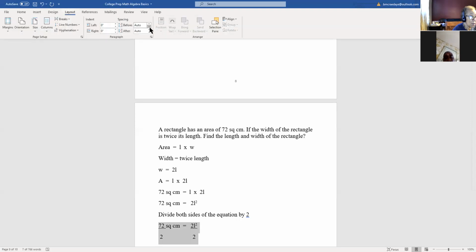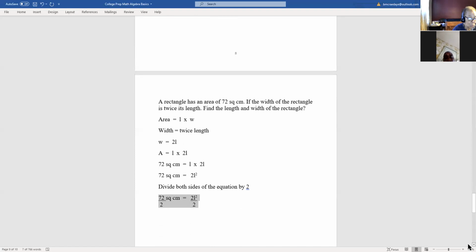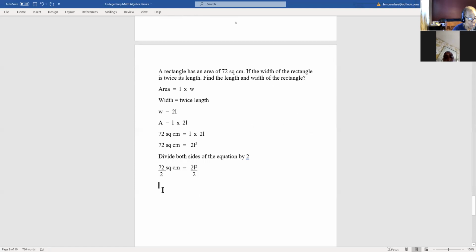What's 72 divided by 2? 36. So 36, and that's square centimeters.